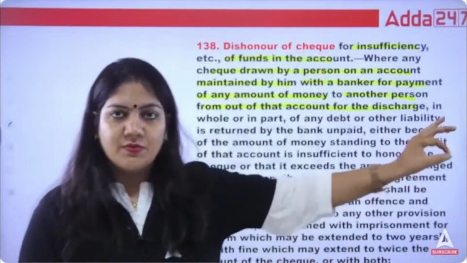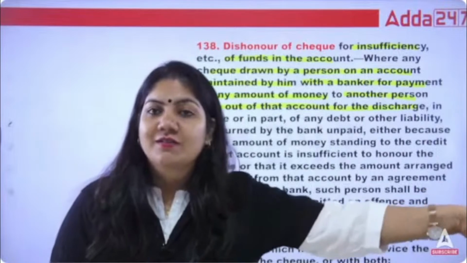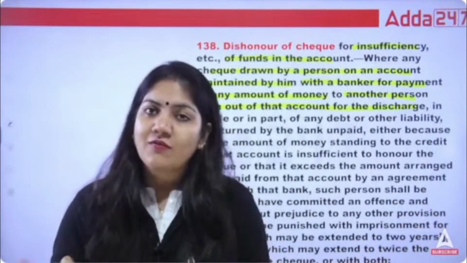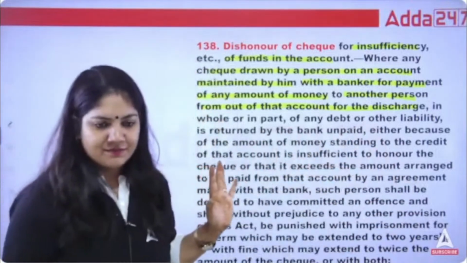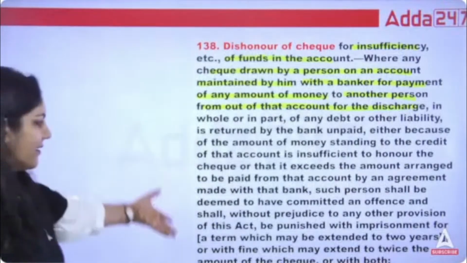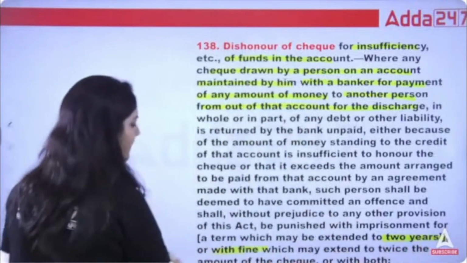When Vinitha ma'am deposited the check, there was insufficient fund. This is called dishonor of check. So my punishment will be 2 years of jail or fine. So many things are written, but the punishment is 2 years or fine. That's it.